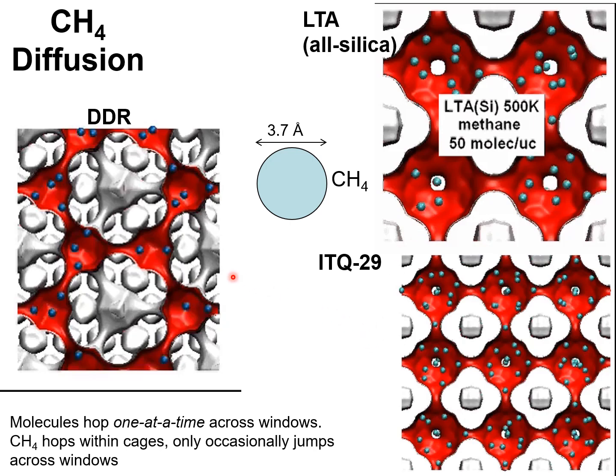This slide shows the intercage hopping of methane in ITQ-29, LTA all silica, and DDR. Let's look at the animations, and you can see clearly in ITQ-29 the intercage hopping of methane molecules, here, here, here, here you can see.